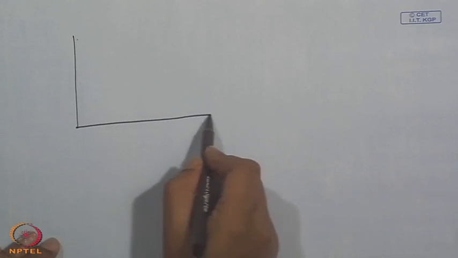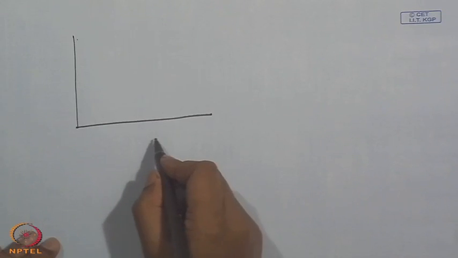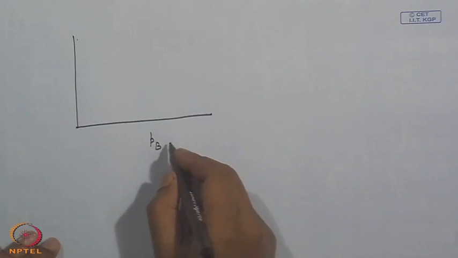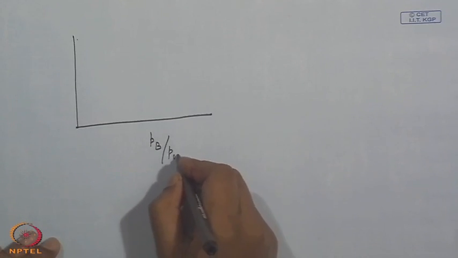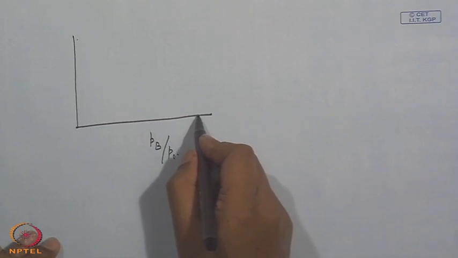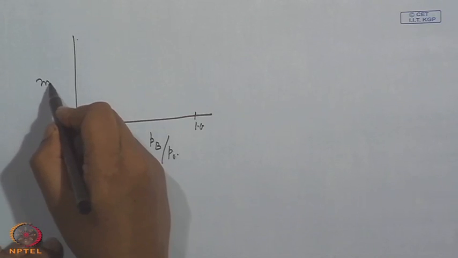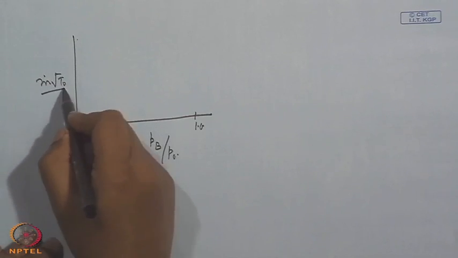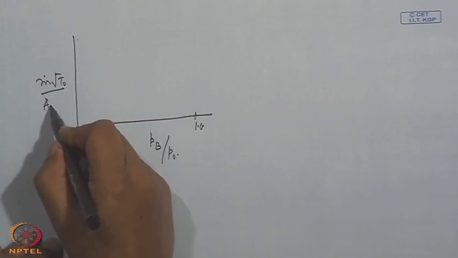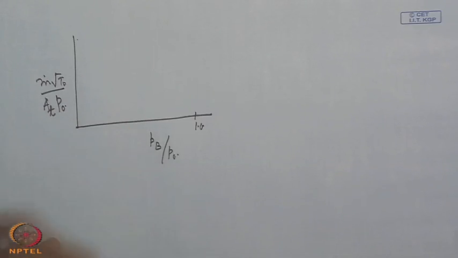Let us also consider the mass flow rate in the nozzle, say P b by P 0, A T by P 0.